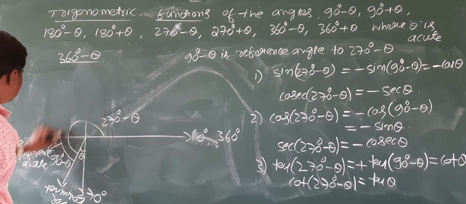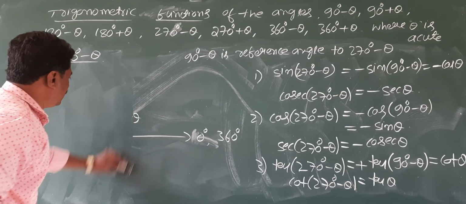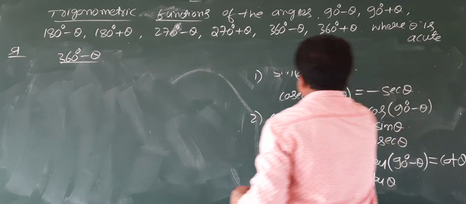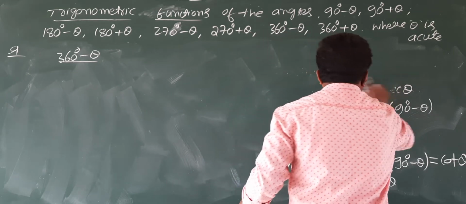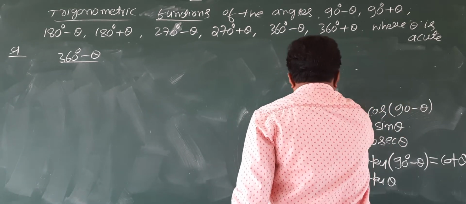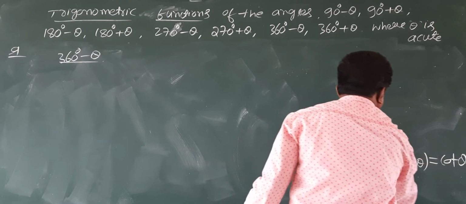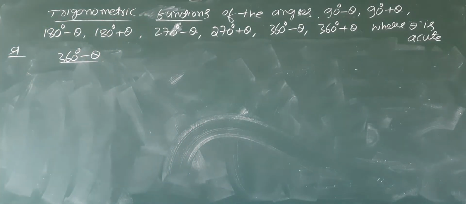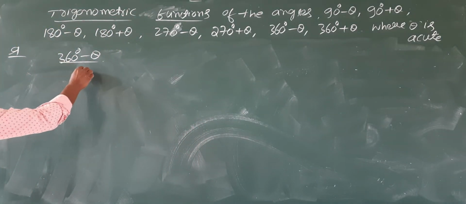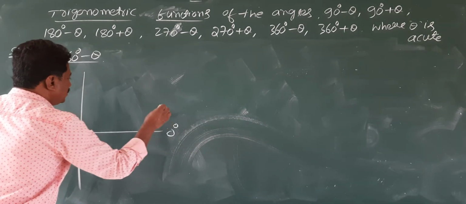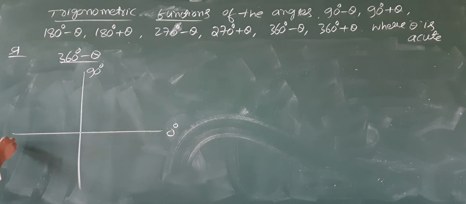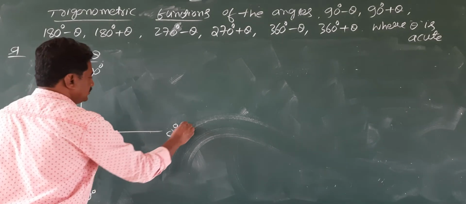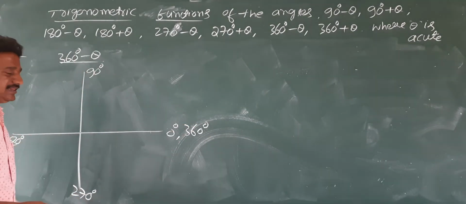Last one, 360 degree minus theta. So 0 degree, 90 degree, 180 degree, 270 degree, 360 degree.